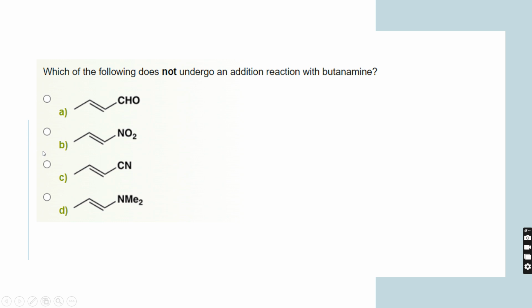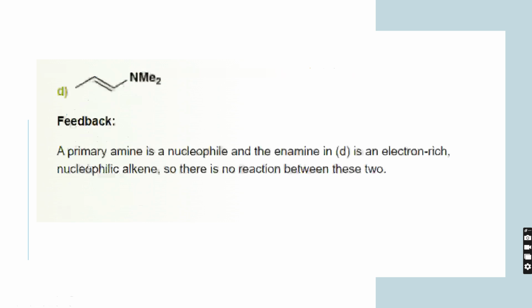So in options A, B, C, you have an electron deficient carbon center at which the incoming nucleophile can attack. But in case of option D, you have an electron rich carbon center present here as compared to the other 3 options. So you have to choose option D as the correct answer for this question.